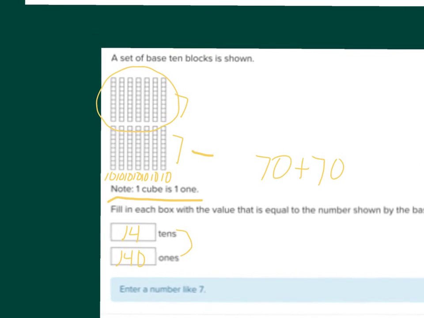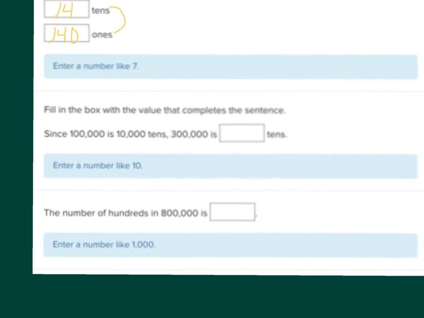All right, next question. Fill in the box with the value that completes the sentence. Okay, so let's follow along.